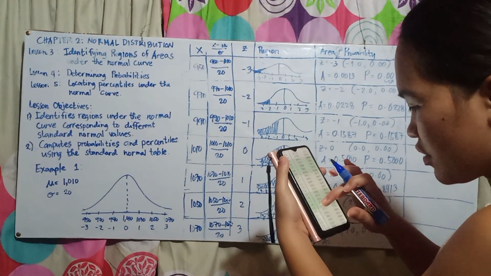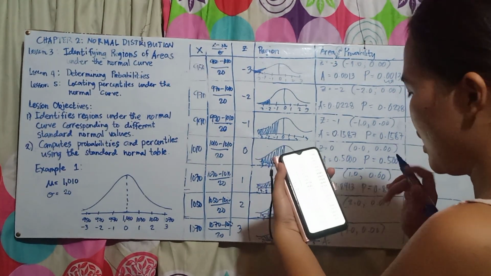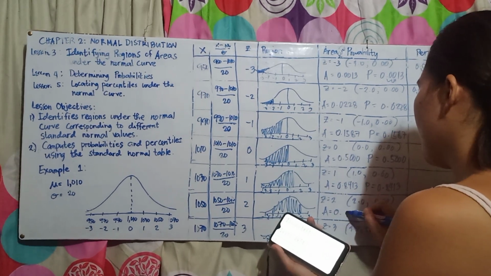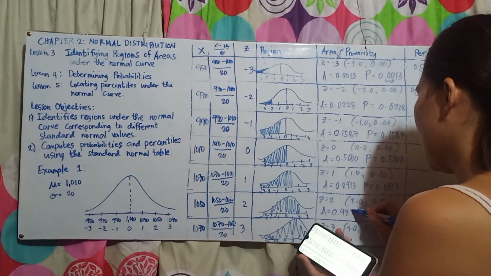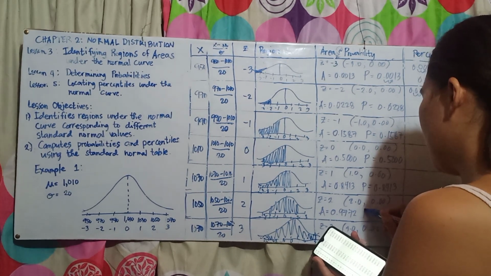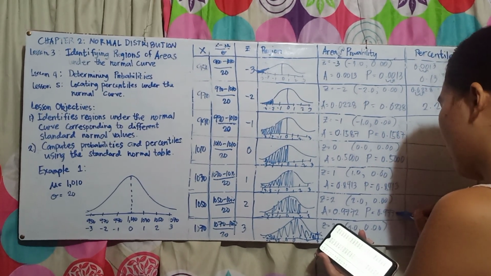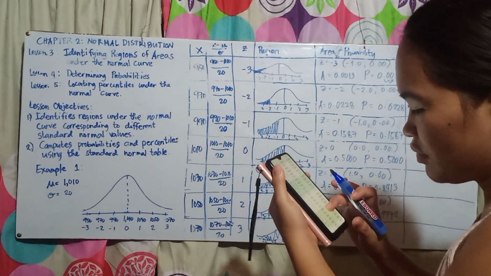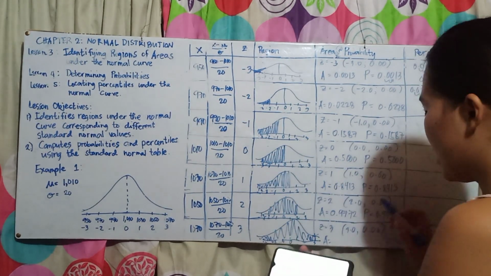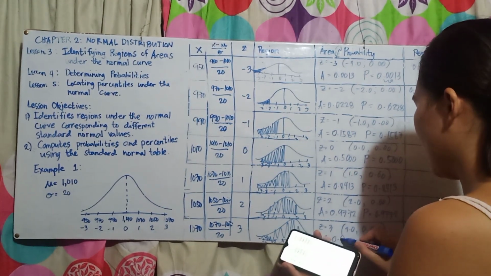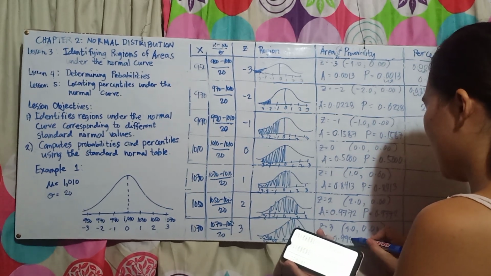Next, 2.0, here. 0.9772. The probability is the same, 0.9772. Next is positive 3. 0.9987.